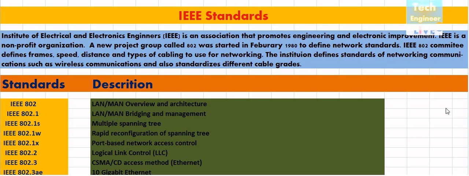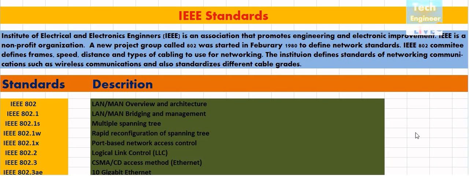We may get to know about IEEE whenever we go to a computer shop or purchase a cable or a device. We might see a description written on that device. For example, a Wi-Fi device or wireless device might have the standards written on it.